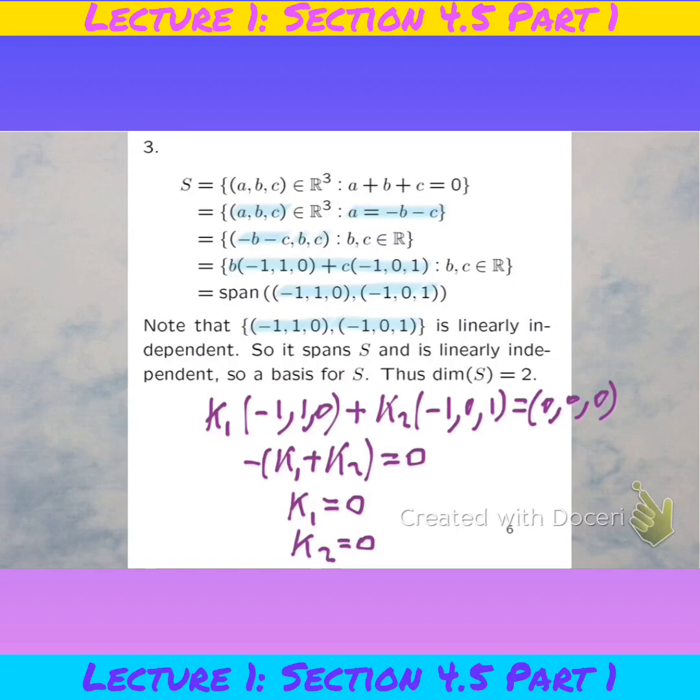So those two vectors are linearly independent, and therefore this set comprising the two vectors (minus 1, 1, 0) and (minus 1, 0, 1) is clearly a basis. And since there are two vectors in it, the dimension of S is 2.